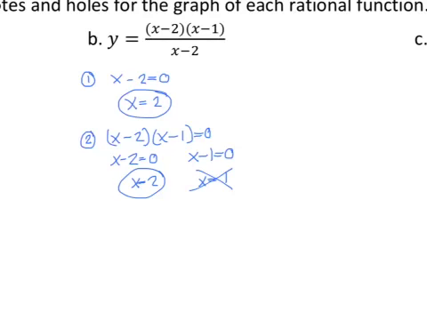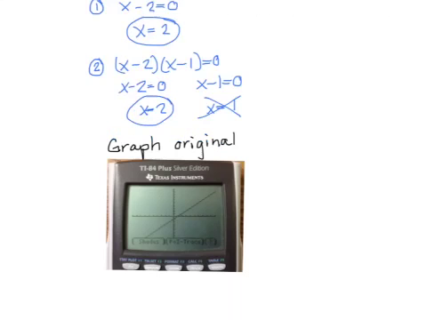What we're going to do from here is graph and see if we can figure out if it's a hole or an asymptote. So graph the original equation. Make sure that you get all your parentheses in the right place. You might want to pause the video here so you can catch up.